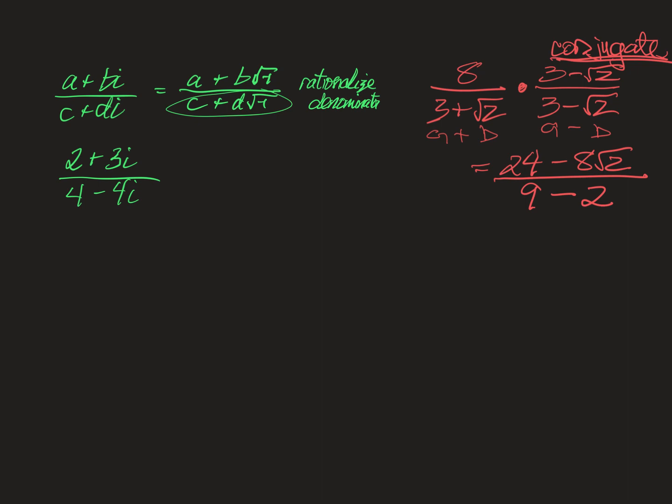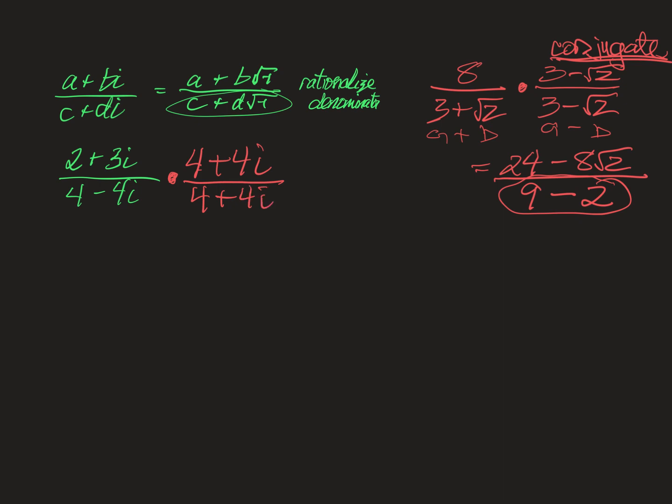All right, a squared is 3 squared, b squared is square root of 2 squared, which is 2. And that would get rid of the square root in the denominator. So that's what we need to do here, is we need to get rid of the square root of negative 1. And so we're going to multiply by the conjugate of the denominator.